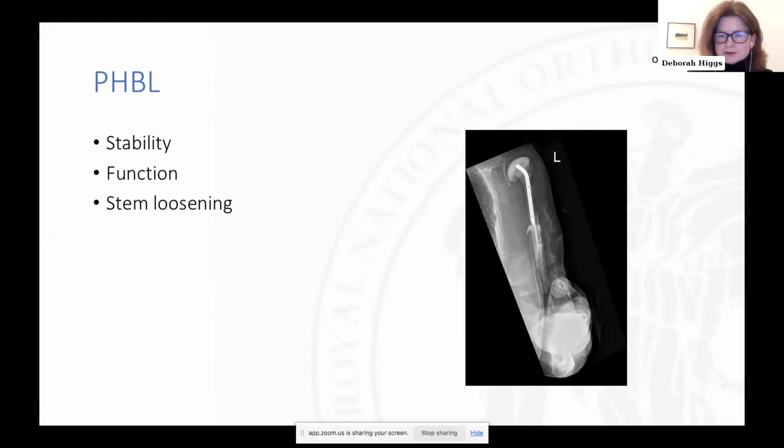The absence of bone also affects the deltoid tensioning and the deltoid wrap effect, all of which can affect stability and function of your implant. And as has already been mentioned, with absence of bone, your humeral implant is relying on rotational stability on your diaphysis, which can lead to rotational micromotion and stem loosening.